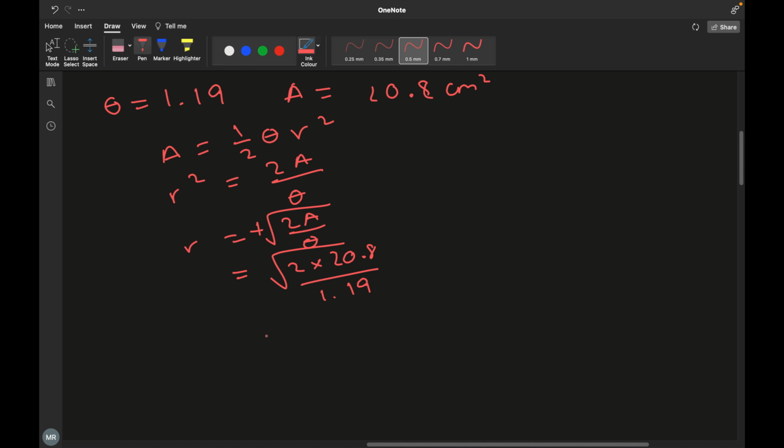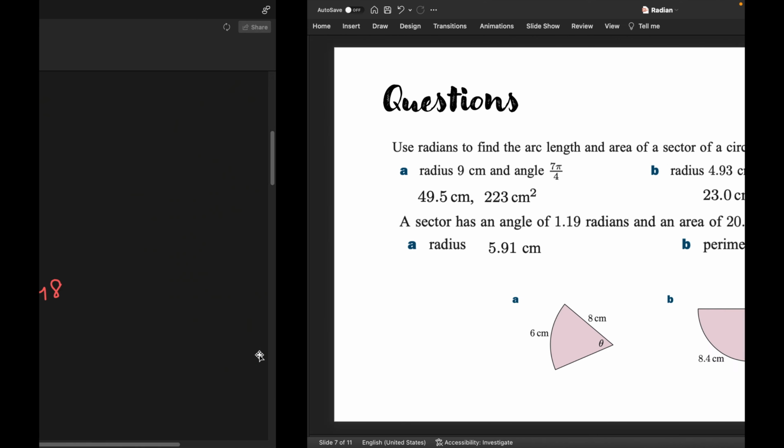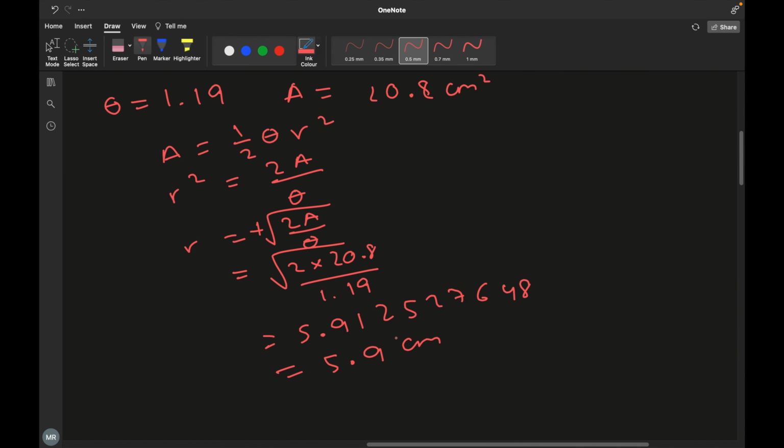We get 5.91252768, which is 5.9 cm. Okay, so that's our answer.